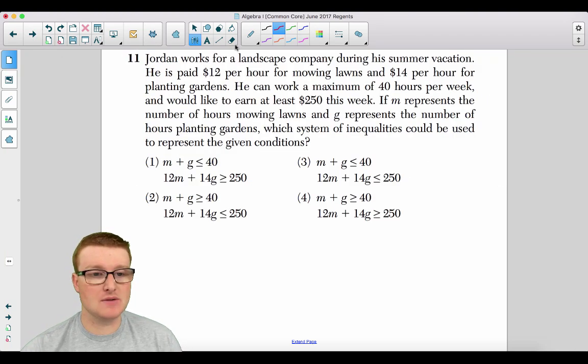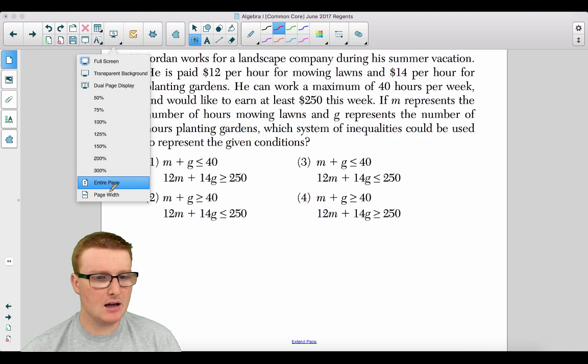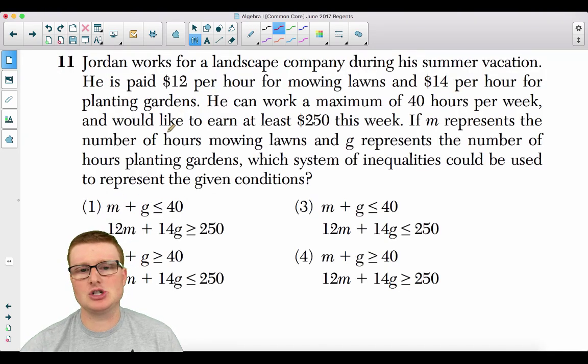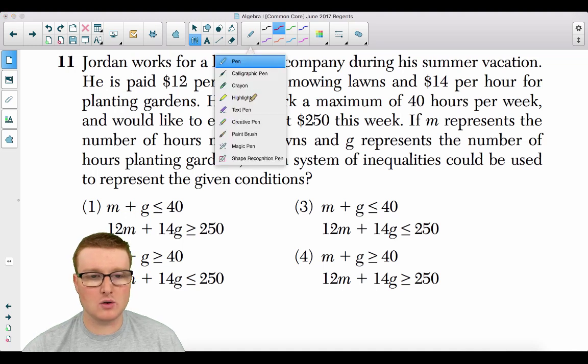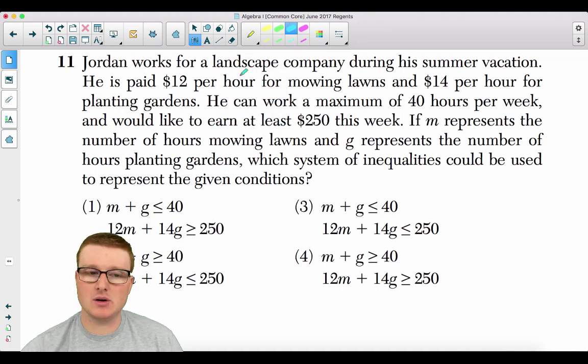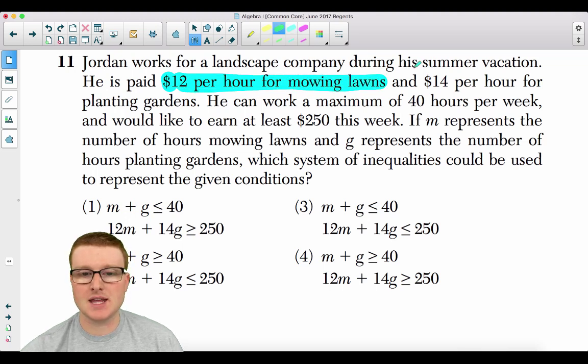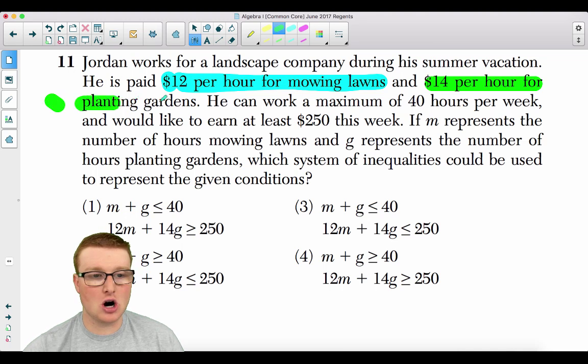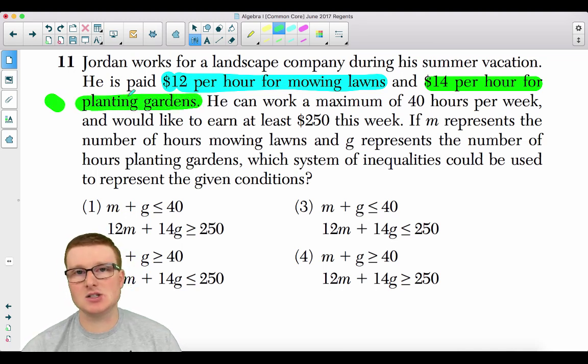Last 2, number 11. Jordan works for a landscape company during his summer vacation. He's paid $12 for mowing lawns and $14 per hour for planting gardens. So it looks like this is going to be testing our knowledge on 2 different variables, mowing lawns, planting gardens.